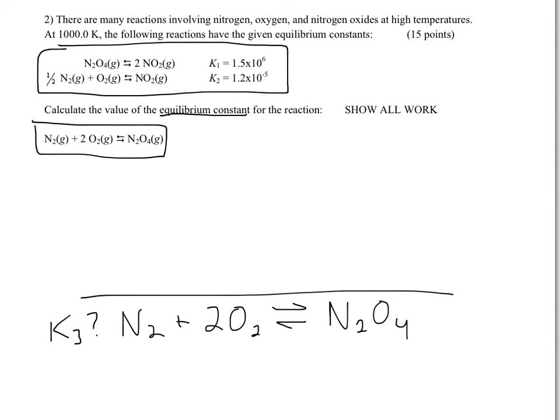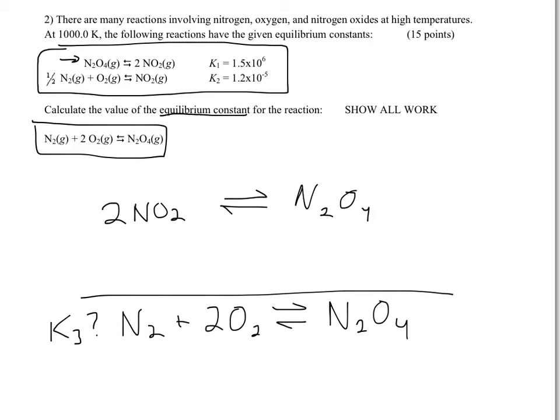And so we can do a couple things looking at reactions 1 and 2. First off, with reaction 1, we can see that the dinitrogen tetroxide, the N2O4, is on the left-hand side. And so the first thing we need to do is flip that reaction. When we flip that reaction, it becomes 2NO2 in equilibrium with N2O4, so that when we add those reactions, we get N2O4 on the product side of the reaction.